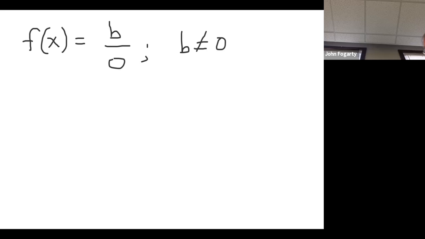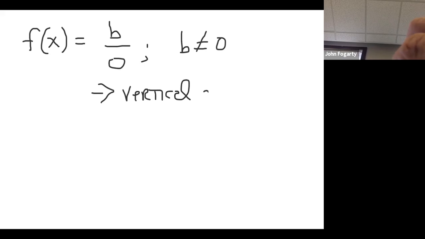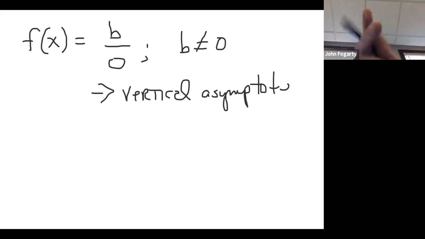Here's what you know, fellas. When you have that, you are pretty confident that you're going to have a vertical asymptote. You're probably going to have a vertical asymptote, right? So what does that mean? Well, let's try one.